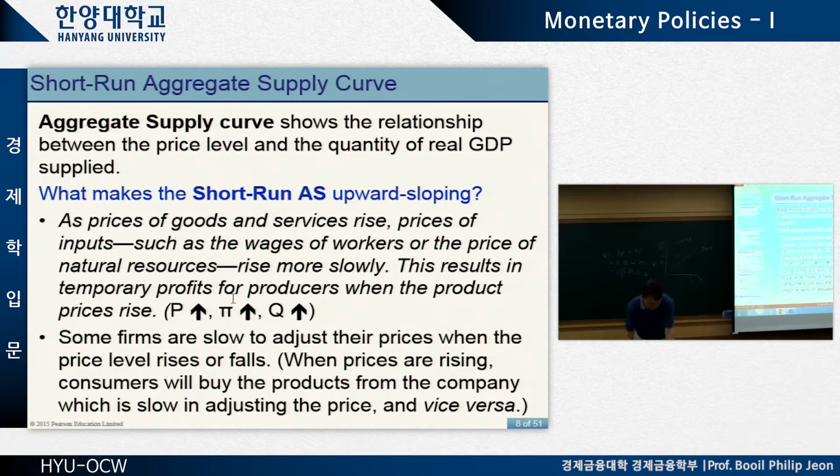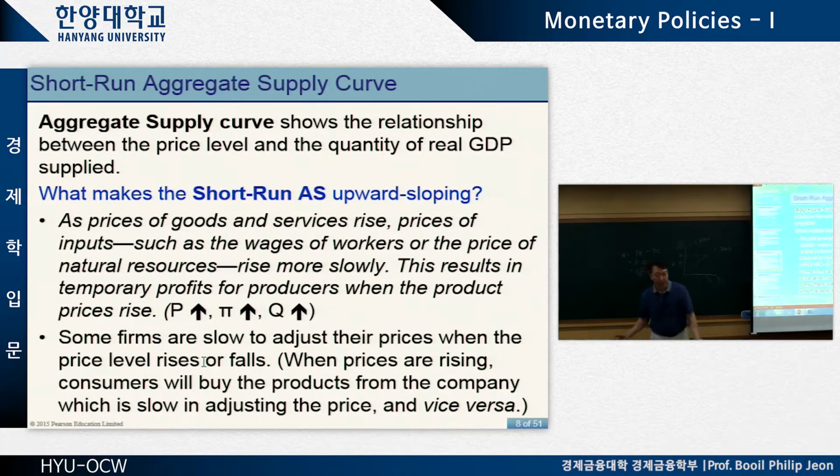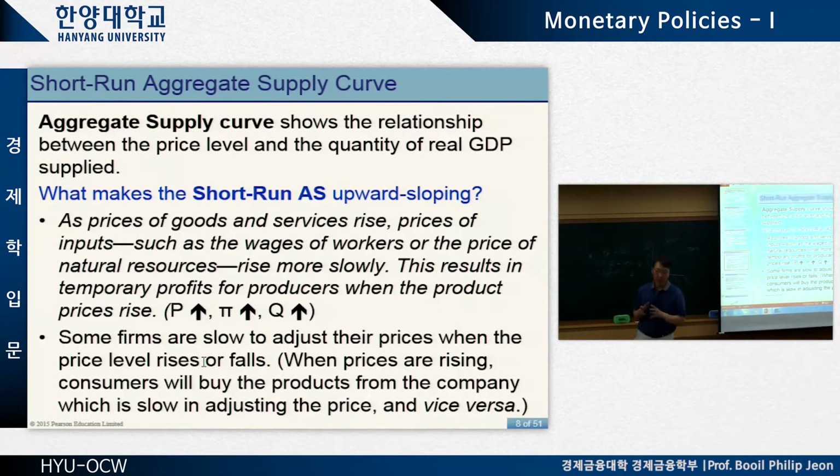It says some firms are slow to adjust their prices when the price level rises or falls. So among all the firms, there are some companies that are particularly slower in adjusting their prices. And there may be some reason.